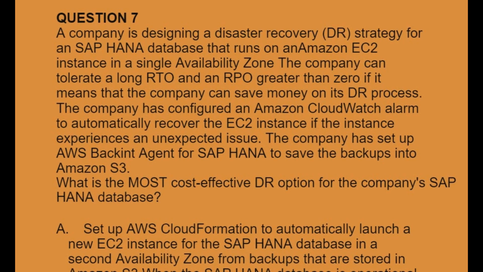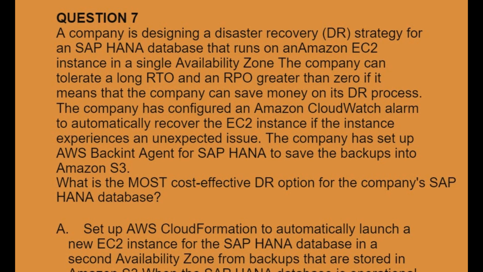Question is, a company is designing a disaster recovery DR strategy for an SAP HANA database that runs on an Amazon EC2 instance in a single availability zone. The company can tolerate a long RTO and an RPO greater than 0 if it means that the company can save money on its DR process.